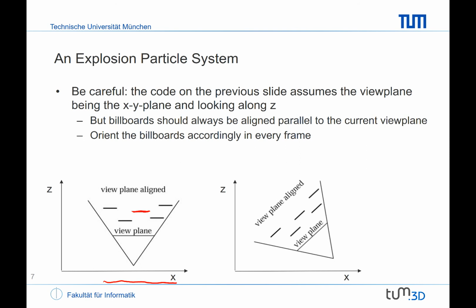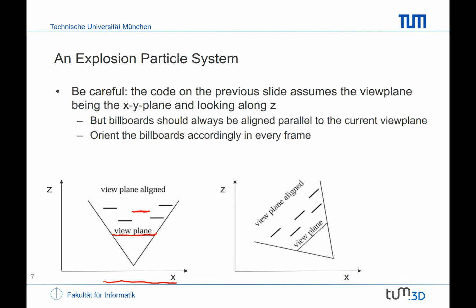If we assume that we are looking along z, with x going to the right and y going upward, then the way we initialize the corner point locations of the billboard is so that these billboards are aligned with the xy plane, which is the current view plane when looking along the z-axis.